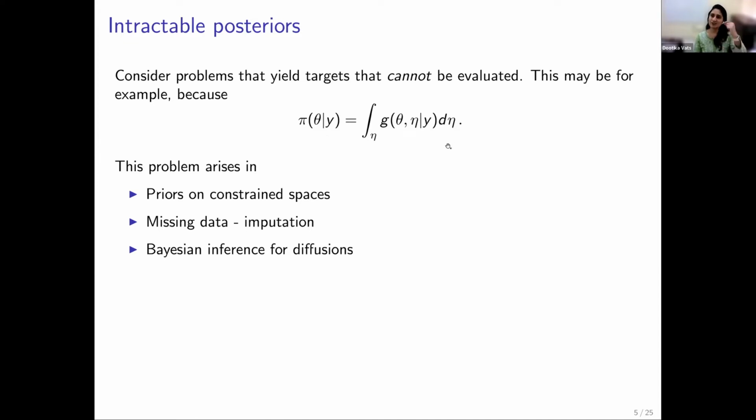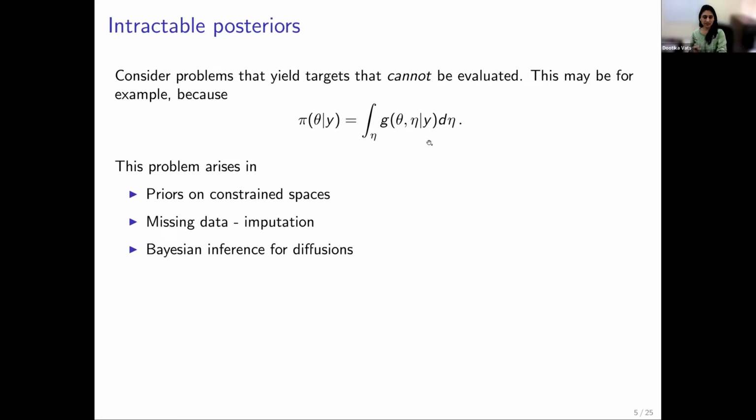As in, there is a nuisance parameter eta that needs to be integrated out, either because the prior is such that it is defined as a function of eta and eta has to be integrated out, or because the likelihood is such. And from Amir's talk, often in physics problems, we are faced with a likelihood that can't really be written down very cleanly. And so those are instances where pi tilde itself cannot actually be evaluated.